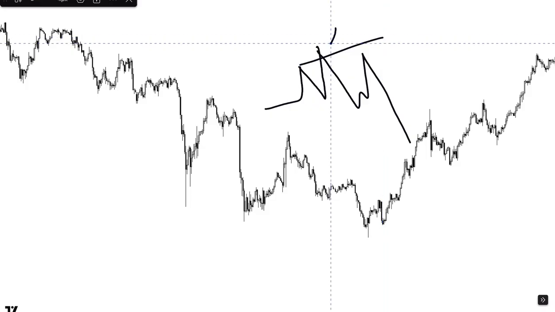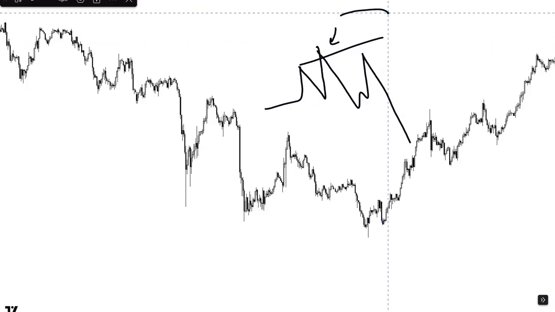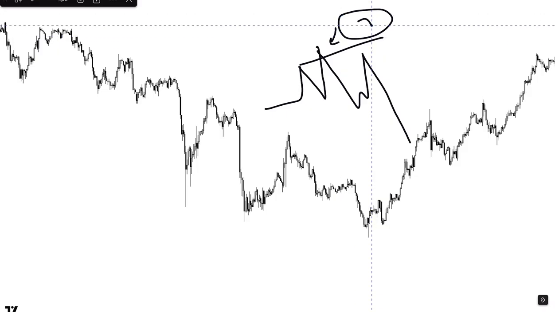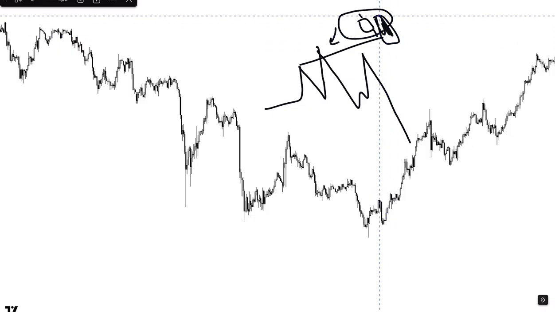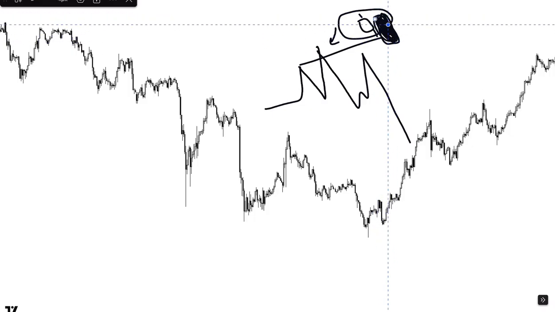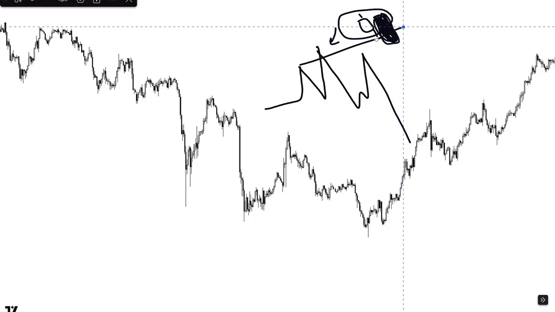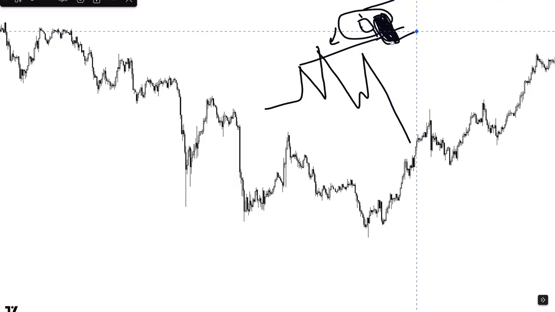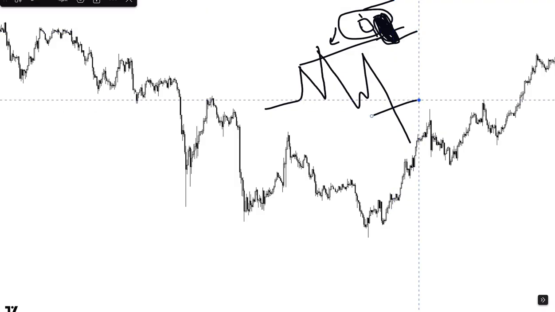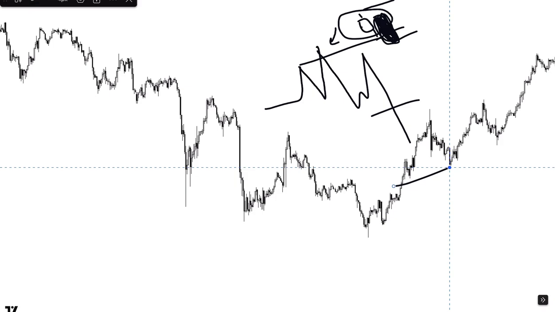If you zoom in on this right here, then you will see a thick up-close candle, and then they close below that thick up-close candle, and as soon as they close below, that is the entry trigger. You enter over here. Stop loss at the high of the candle, entry over here, and targeting the 50% and then the CRT low.